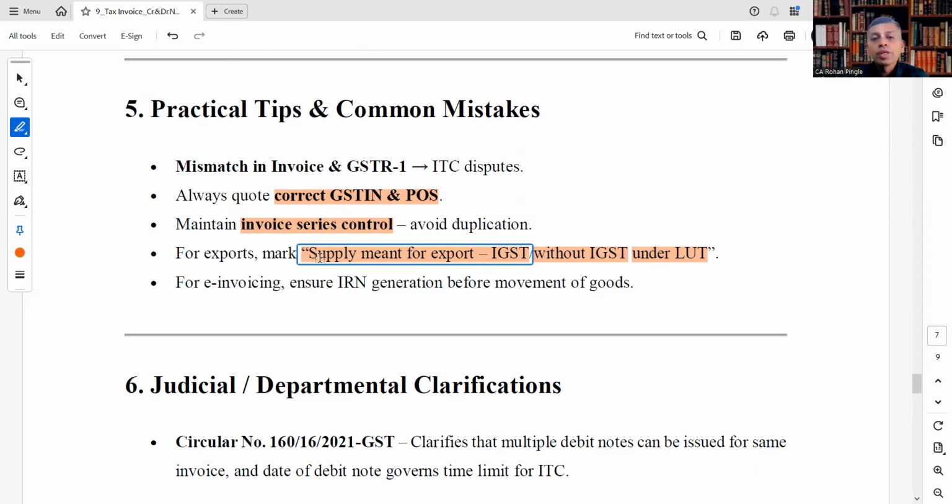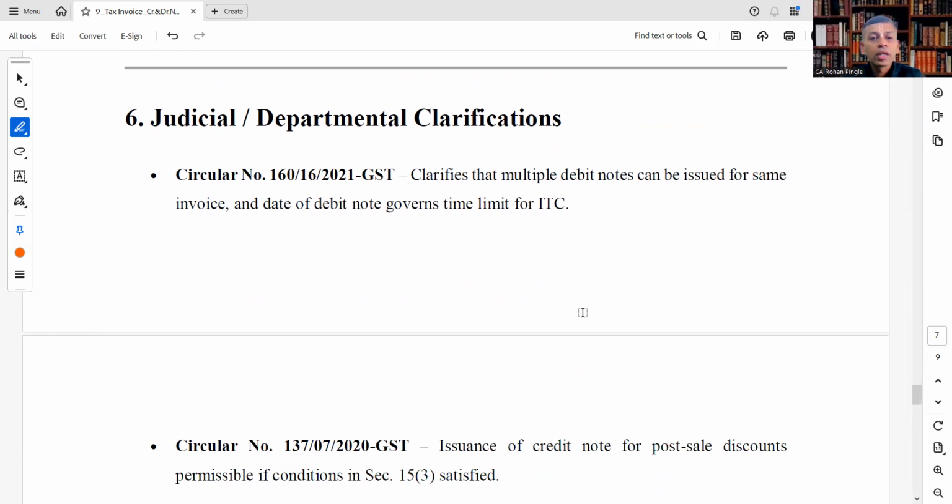For e-invoicing, ensure IRN generation before movement of the goods. A very important part we need to keep in mind is that for e-invoices, IRN generation must happen before the movement of the goods.